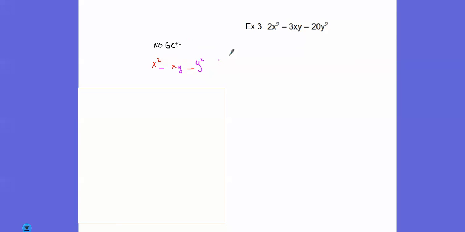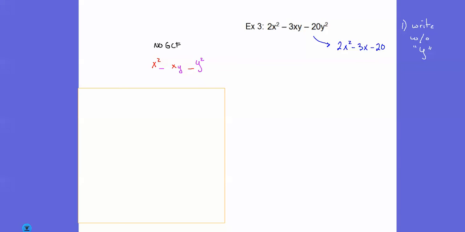In this particular case, what we recommended previously is to first write without the y's. So I'm going to just copy this problem over on the side and just ignore the y's temporarily. 2x squared minus 3x minus 20.